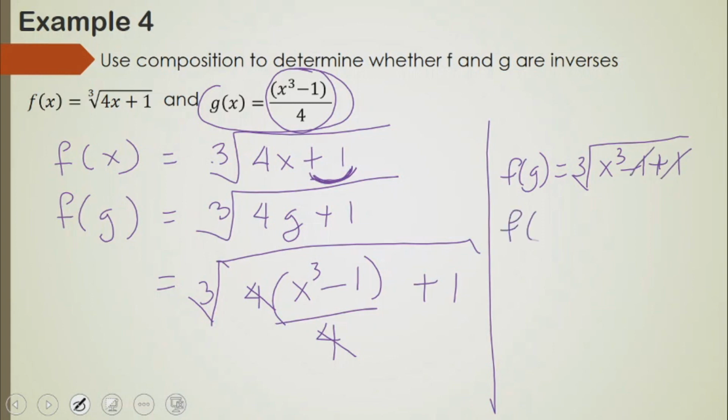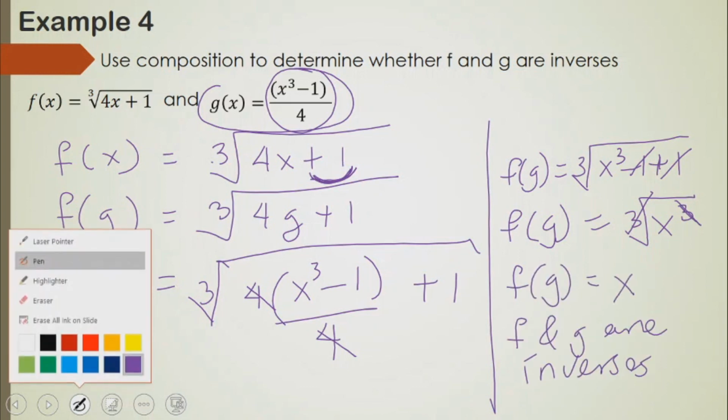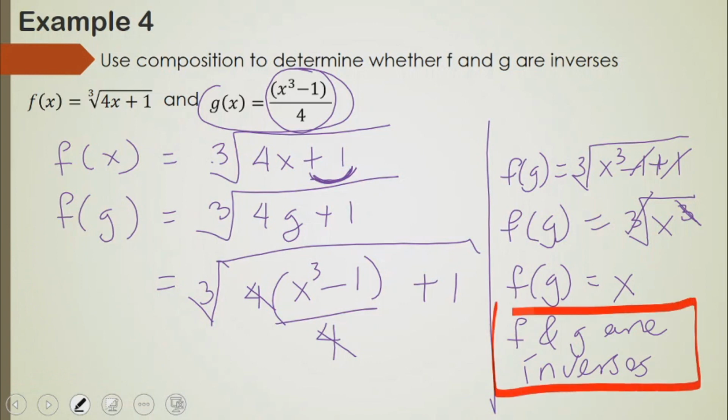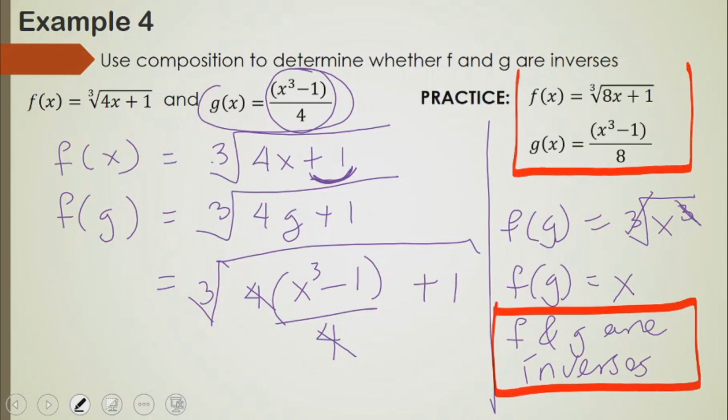So now we have f of g equals the cube root of x raised to the power of 3. So the cube root cancels out the cube. So in this case, our f of g will be x. f and g are inverses. So I need you to use this question to practice this particular example.